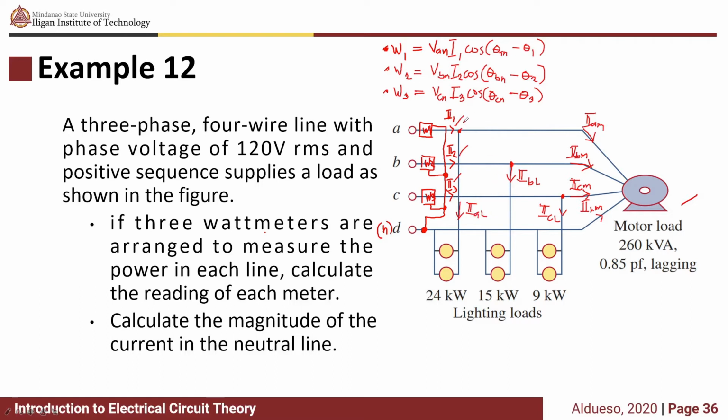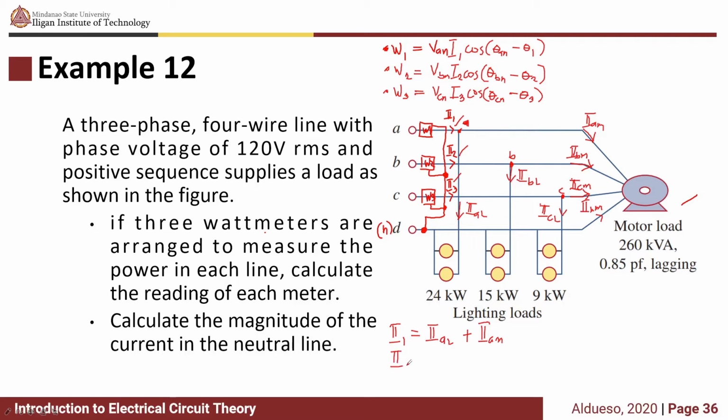Let's label this as node A, node B. Now performing KCL at each node, we have KCL at A, we have I1 equivalent to IAL plus IAM.